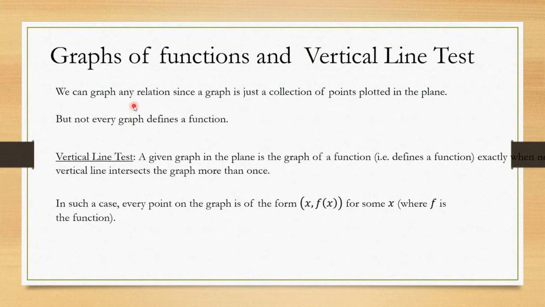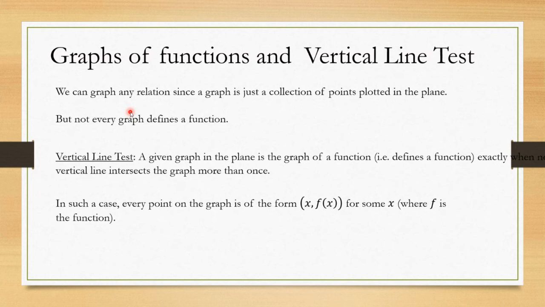Any relation is a collection of ordered pairs. We have seen before, I think at the beginning of chapter 2, that a graph in the Cartesian plane is nothing more than a collection of points plotted in the plane.